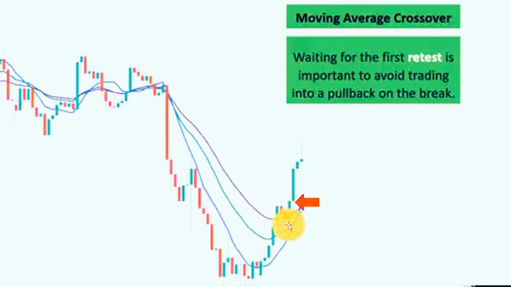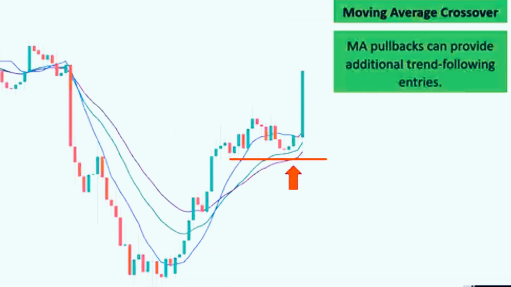Even if you're looking for a head and shoulders retest after the breakout, a Fibonacci extension or retracement, you always want to make sure that the market is showing you a reaction away from whatever level you want to see being retested. And this is then where you look for trend following entries.